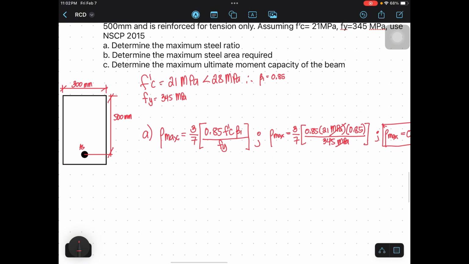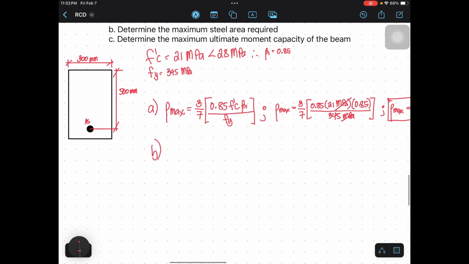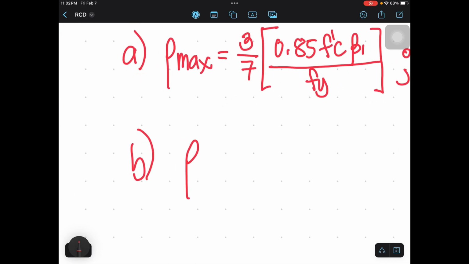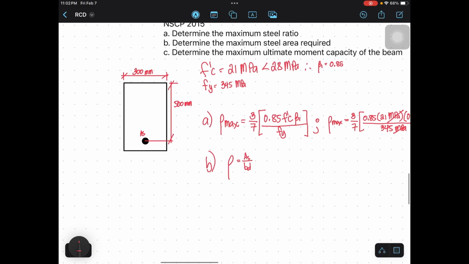Next, determine the maximum steel area required. So we have a general equation for steel ratio. We have rho is equal to As over bd. However, we are considering the maximum condition.